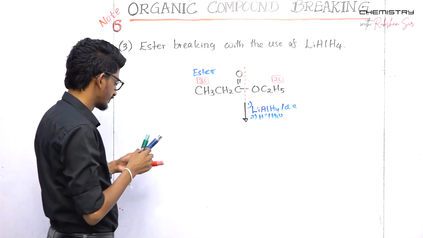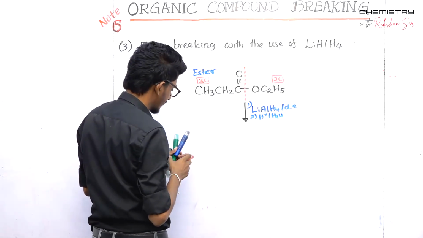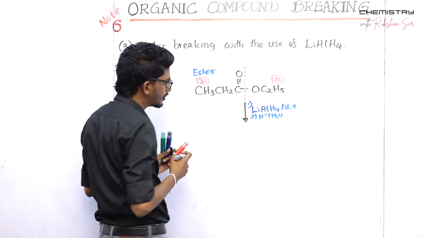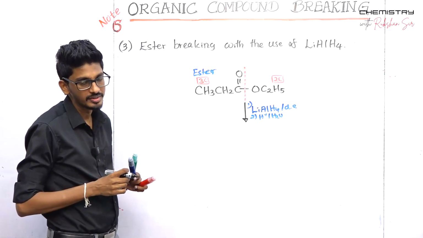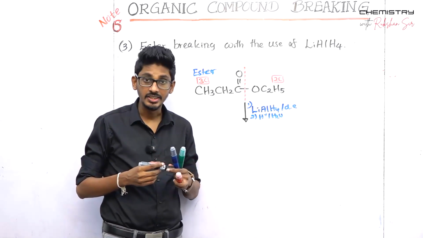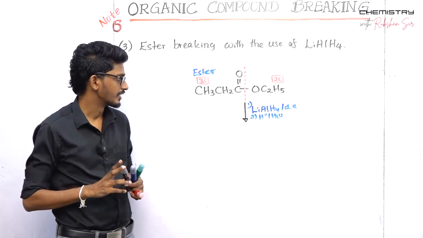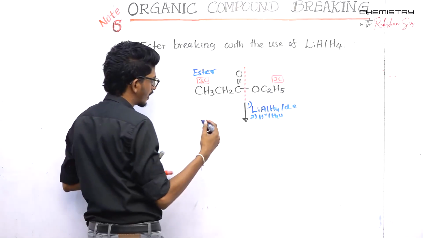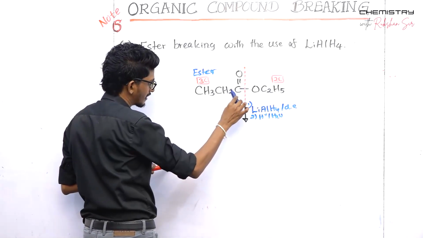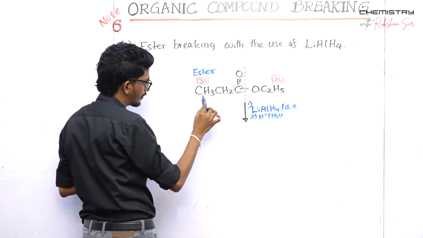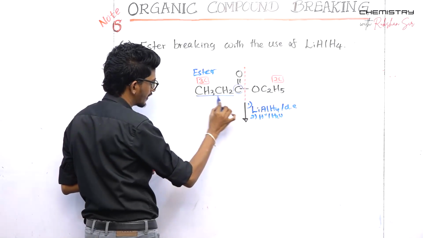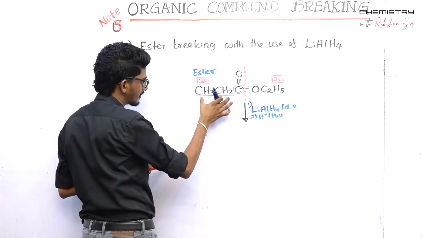If you do this thing, you come up with this kind of compound. Basically lithium aluminum hydride is known as a reagent to form alcohols. Then what will happen? This is the functional carbon, and you'll come up with the alcohol from this one, which is carrying this R group.